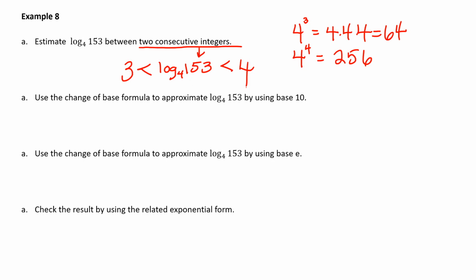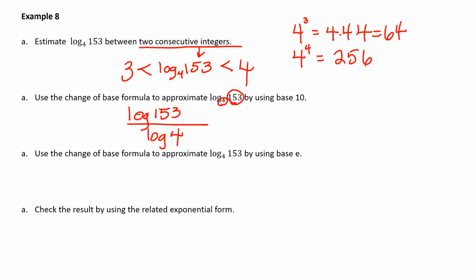Now we're going to use the change of base formula to approximate log base 4 of 153 by using base 10. So remember, all we have to do is say log 153 over log of 4. So that's log of the number divided by log of the base. That's what we just learned on the previous slide.